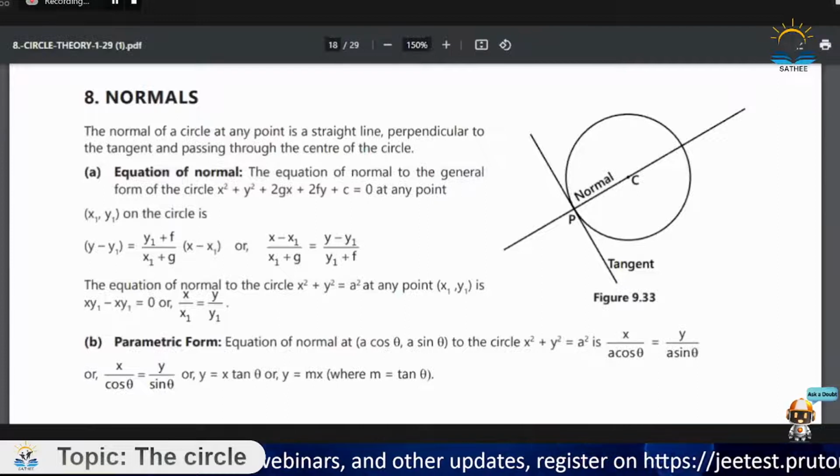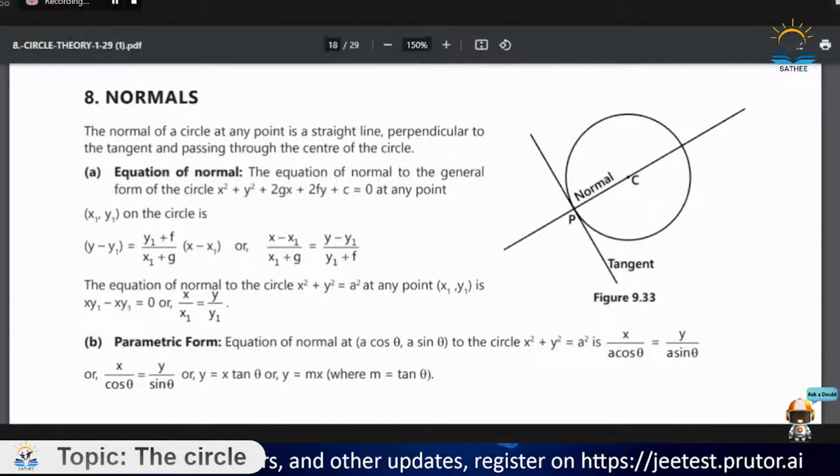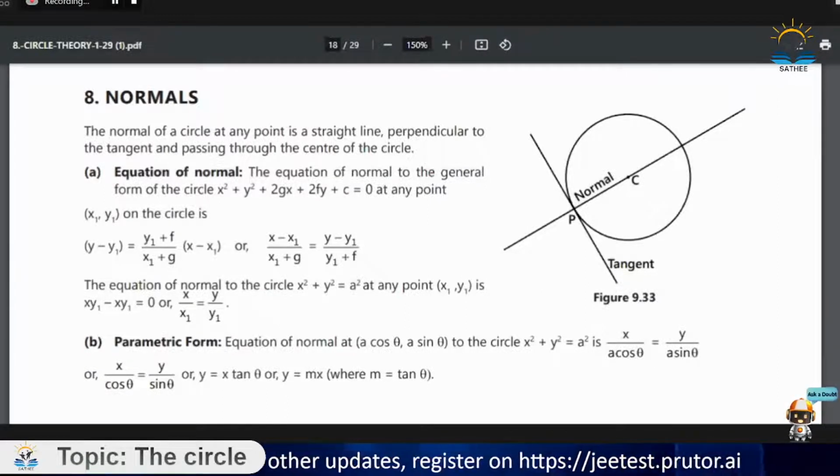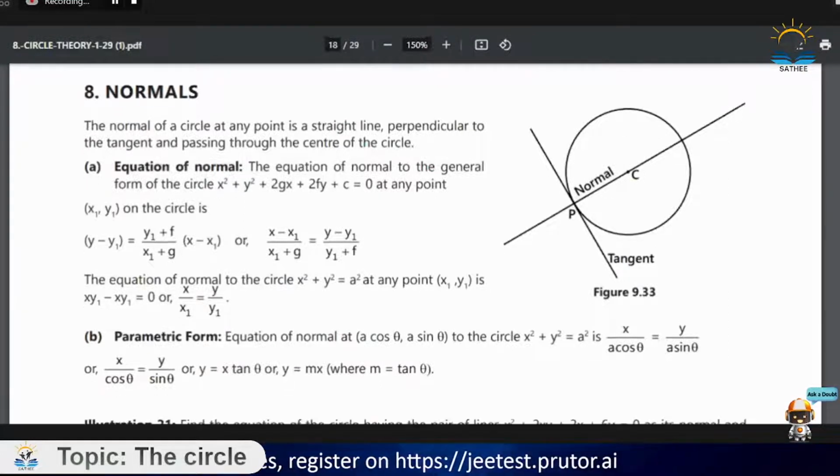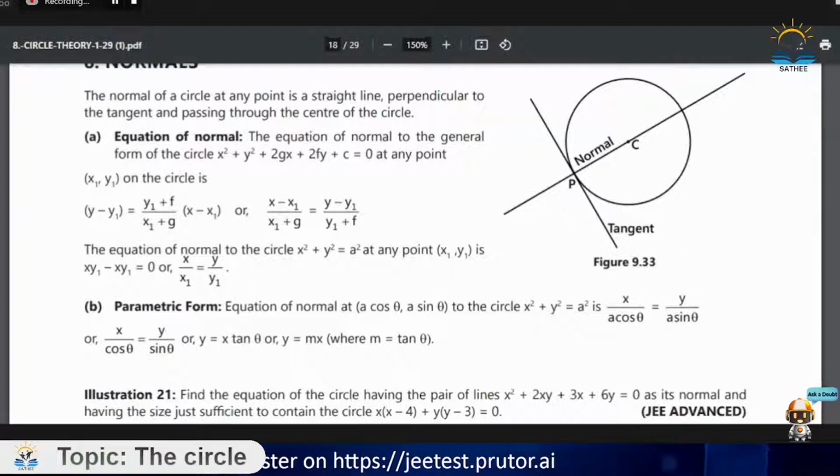So we know the slope and we know the point, the center, that it is passing through, so we can easily write the normal's equation. This was all that is said here. Now let us see the parametric form.